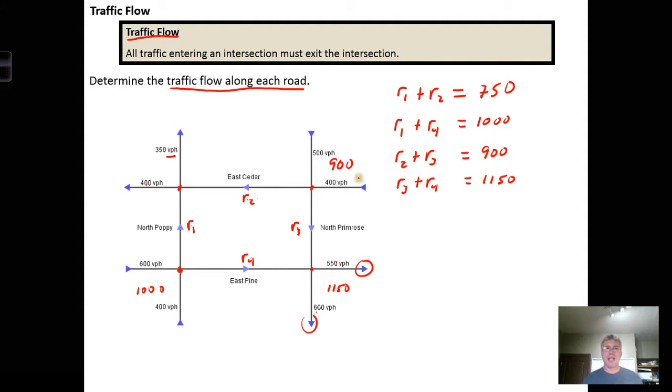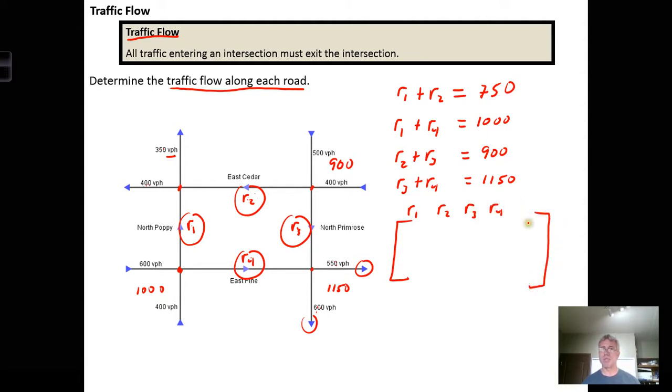That gives us four equations with four unknown flows, right? We have four unknown flow rates and four equations, so we have a system of equations set up. Now we just need to move it into matrix form, where the columns represent the unknown flows along each of the four roads, and then we have the augmented matrix with the constants column.